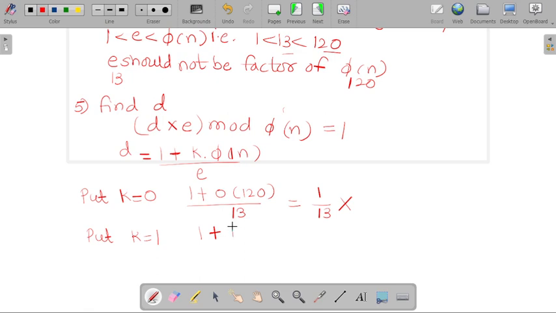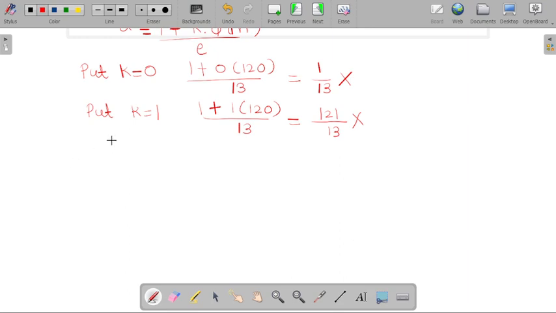So 1 plus 1 into 120 divided by 13, and we get 121 divided by 13. Again a fractional value, so we do not consider this iteration. Next, K is equal to 2. So 1 plus 2 into 120 divided by 13, and we get 241 divided by 13. Again a fractional value, so we go to the next iteration.